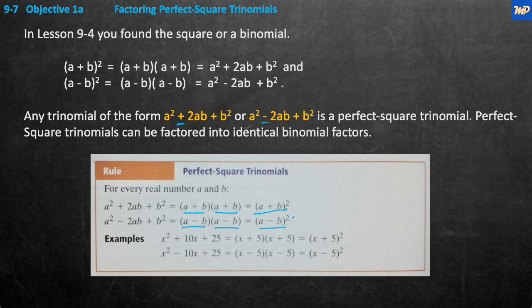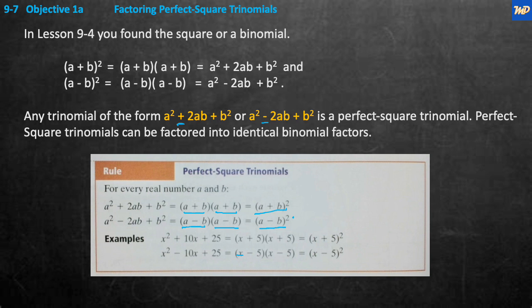Examples of this could be x squared plus 10x plus 25, where x plus 5 and x plus 5 is equal to x plus 5 squared. Or we could say x squared minus 10x plus 25, and here the quantity x minus 5 times the quantity x minus 5 is equal to x minus 5 squared.